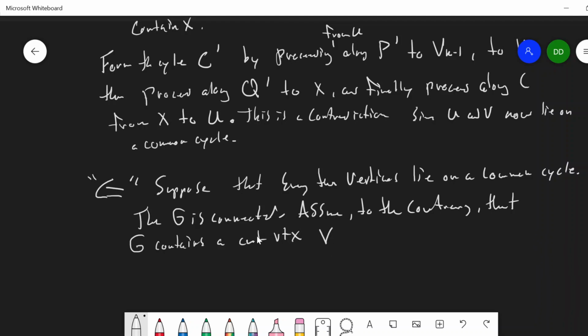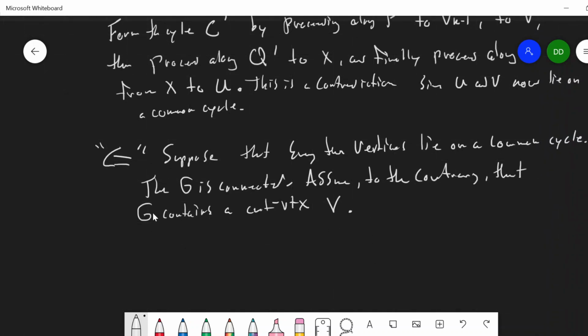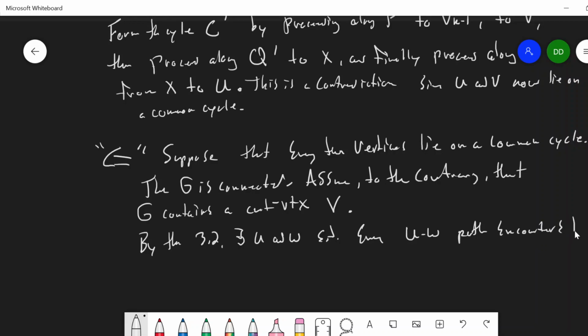Let's call it V, cut vertex V. So since G contains a cut vertex, we'll use Theorem 3.2 again. By Theorem 3.2, there exist U and W such that every UW path encounters V.